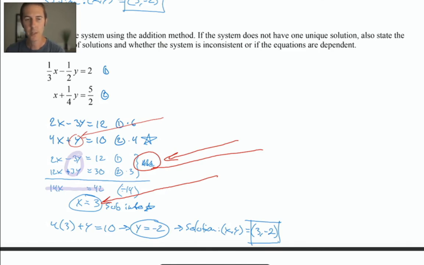So this addition process could deliver you to an individual unique solution like 3, -2, or you could arrive at something contradictory like 0 equals 3, which is inconsistent. There are no solutions. Or you could end up with 0 equals 0, which is consistent but dependent, because it means that your two equations describe the same line and you have infinitely many solutions.